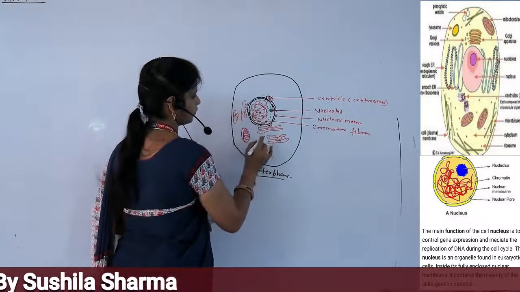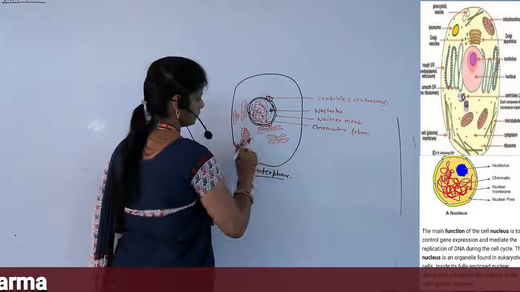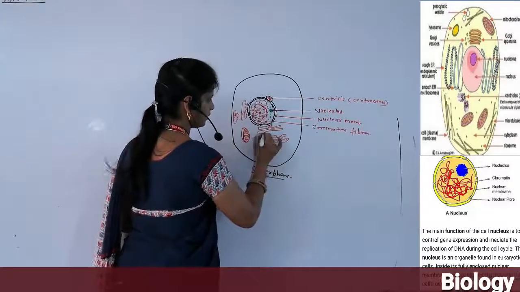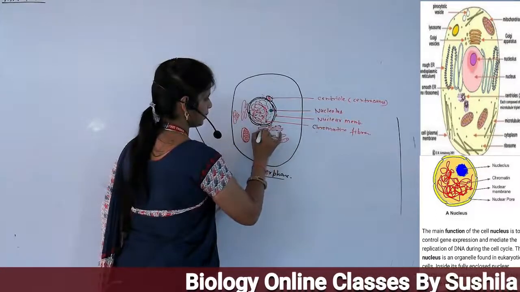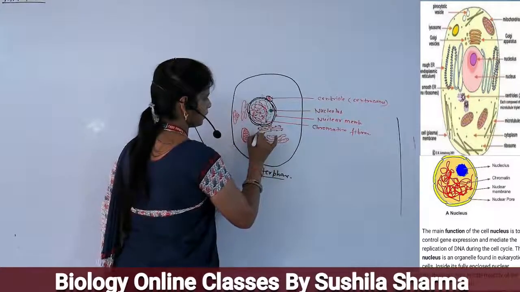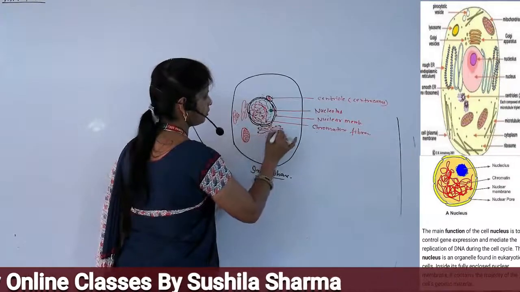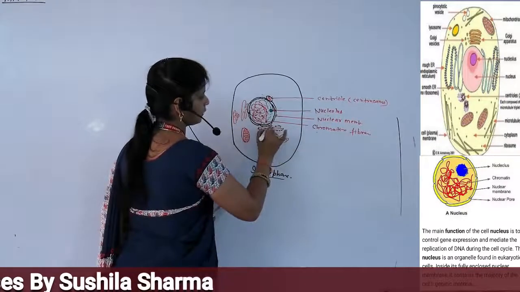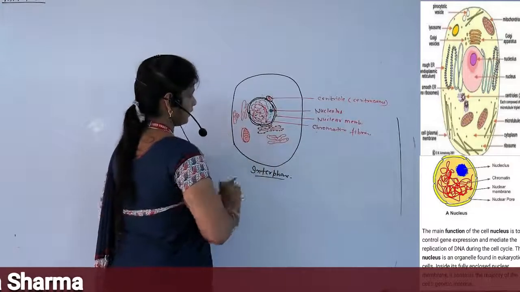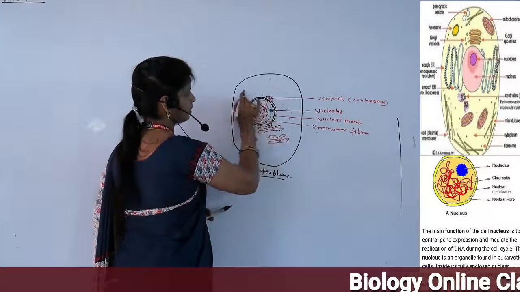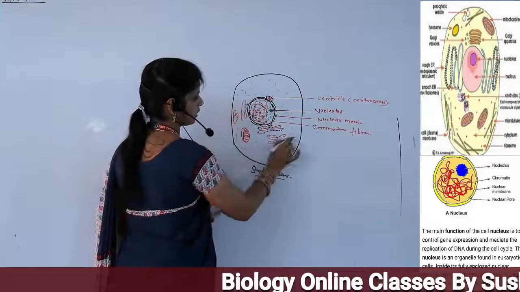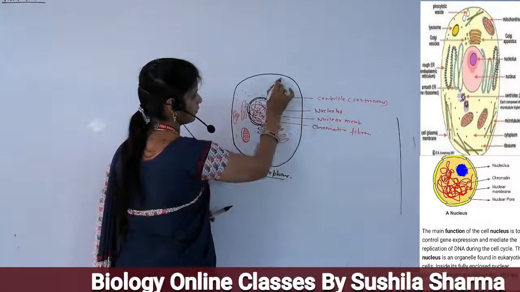These are Golgi bodies, which are generally present near the endoplasmic reticulum. These are ribosomes, and the presence of ribosomes on the endoplasmic reticulum represents rough endoplasmic reticulum. And all other cell organelles are also present inside the animal cell.